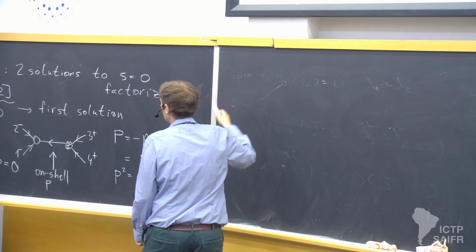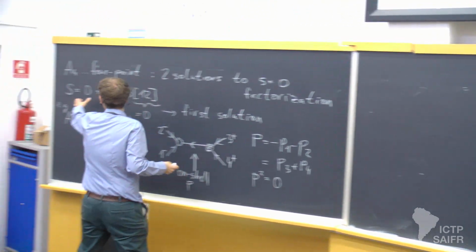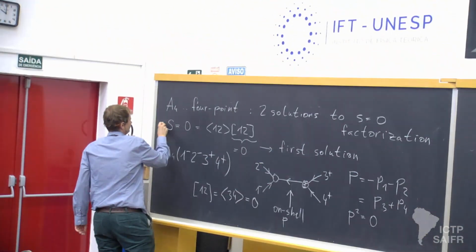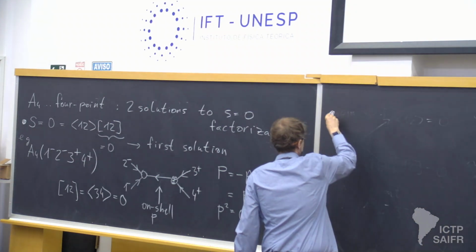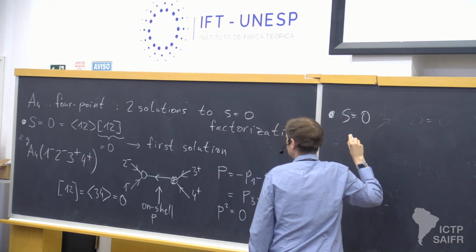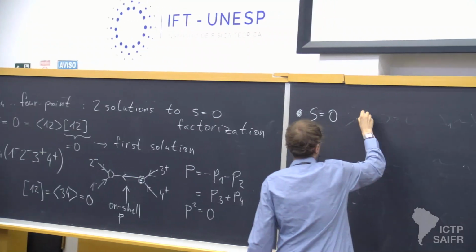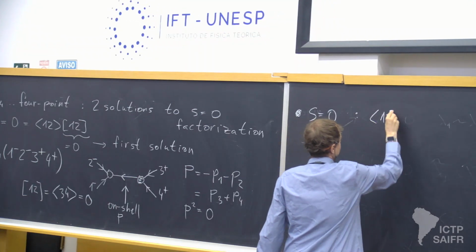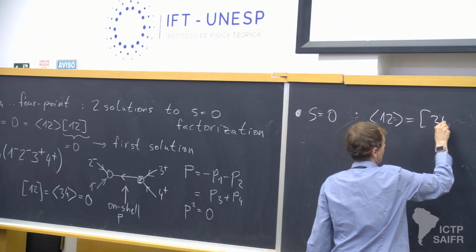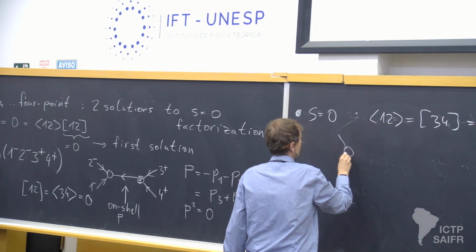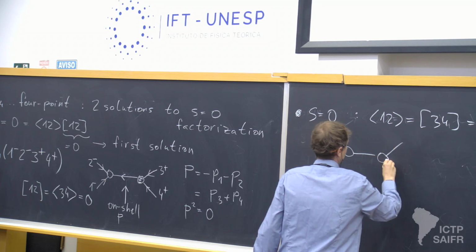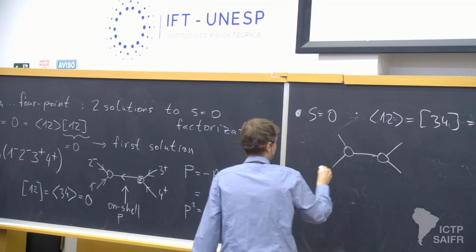So the amplitude must satisfy this condition. There also is another solution for s is 0, when the thing that we are setting to 0 is angle bracket 1 2 and square bracket 3 4. And then the amplitude must factorize again like this.